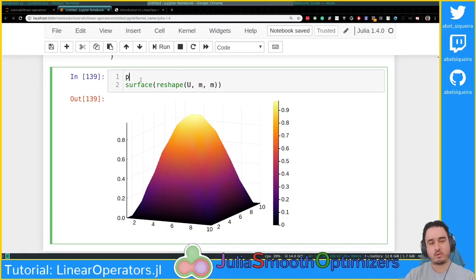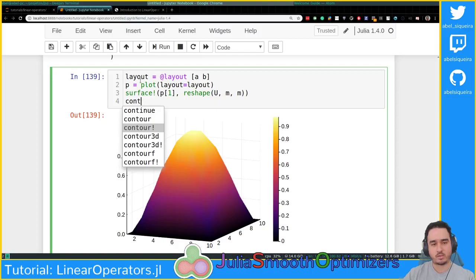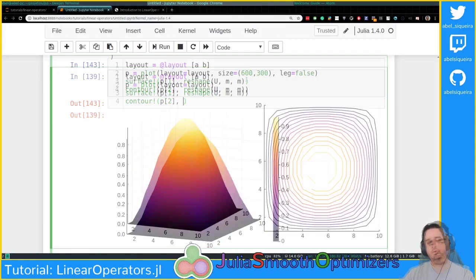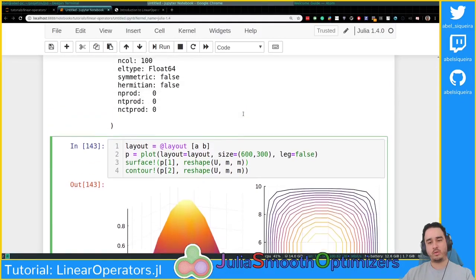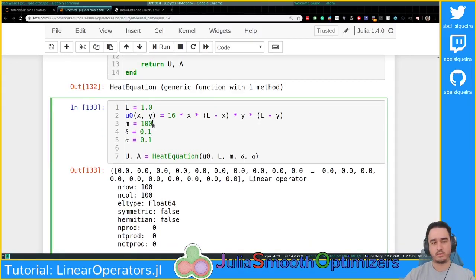I'm gonna create a layout here. Plot layout. I'm gonna create a surface on the left, sorry, and the contour plots on the right. So this is my first example. Okay, so this is too small. I'm gonna use 100.